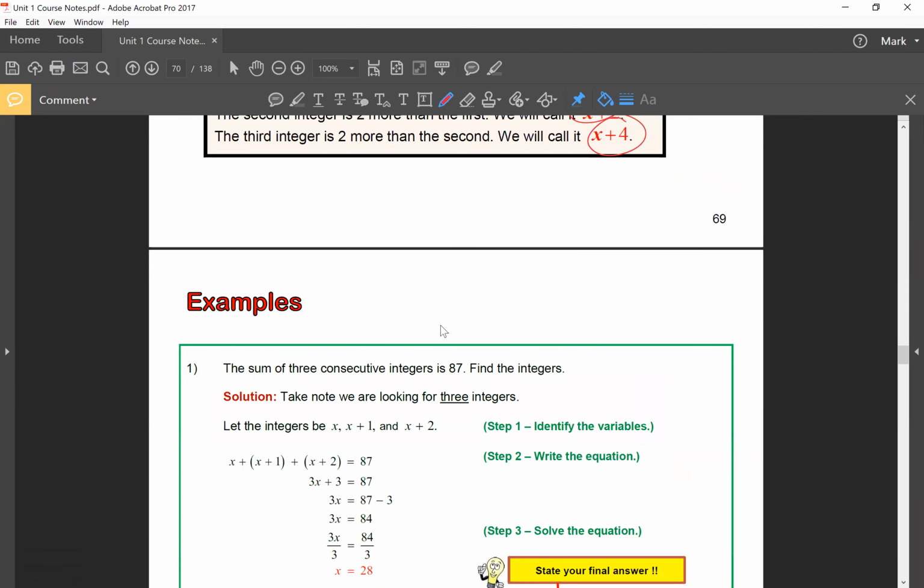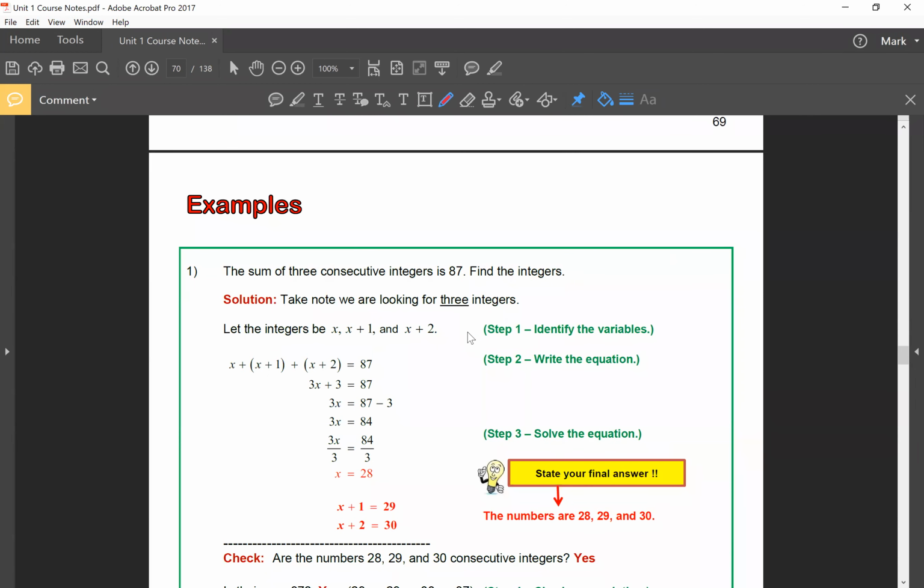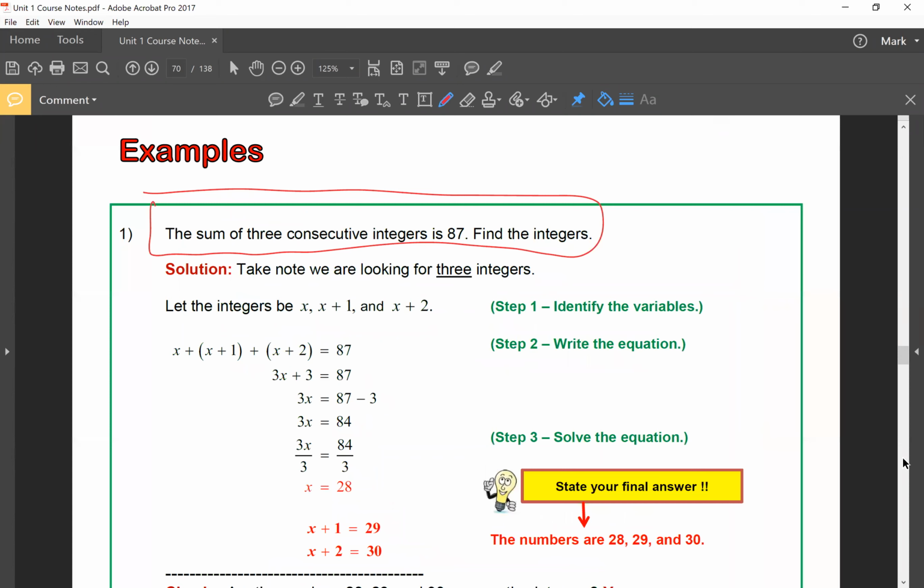Cool. So let's look at this. Let's practice this. Now, this looks crazy. It looks very complicated, but it's actually pretty straightforward with practice. But if I asked you this question, even before we look at the solution, the sum of 3 consecutive integers, now remember, sum means adding, the sum of 3 consecutive integers is 87, find those numbers, that is challenging.